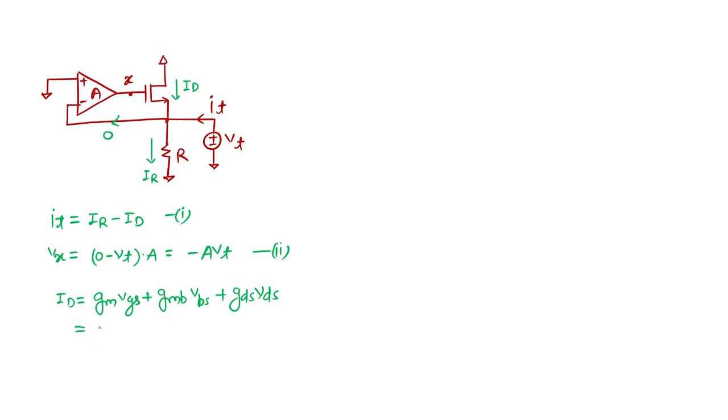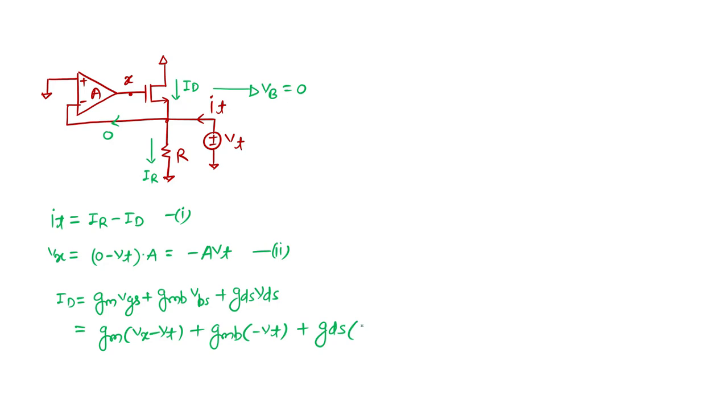What we are seeing here is that the source is at VT, the drain is at ground, and the gate is at Vx, and the body is also at ground, that is, body voltage is 0. For GM, the gate is at Vx and the source is at VT. For GMB, the body is at ground, so it is only minus VT. What to speak of VDS?